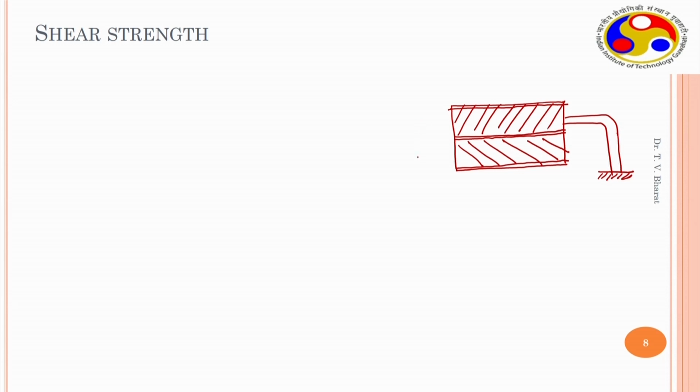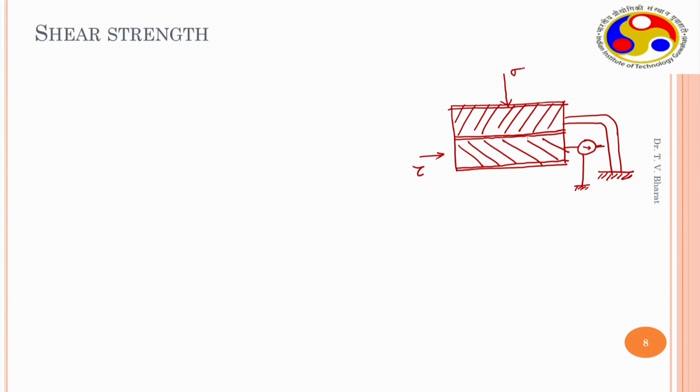Then when you apply load, there will be a reaction, and this starts moving, and you connect a dial gauge and you can note down the strain. A shear stress is applied, and shear strain can be determined from this gauge. Apart from this, one normal stress sigma is applied, and another dial gauge is kept for recording the strain in the vertical direction. So here you get shear strain, and here you get vertical strains.